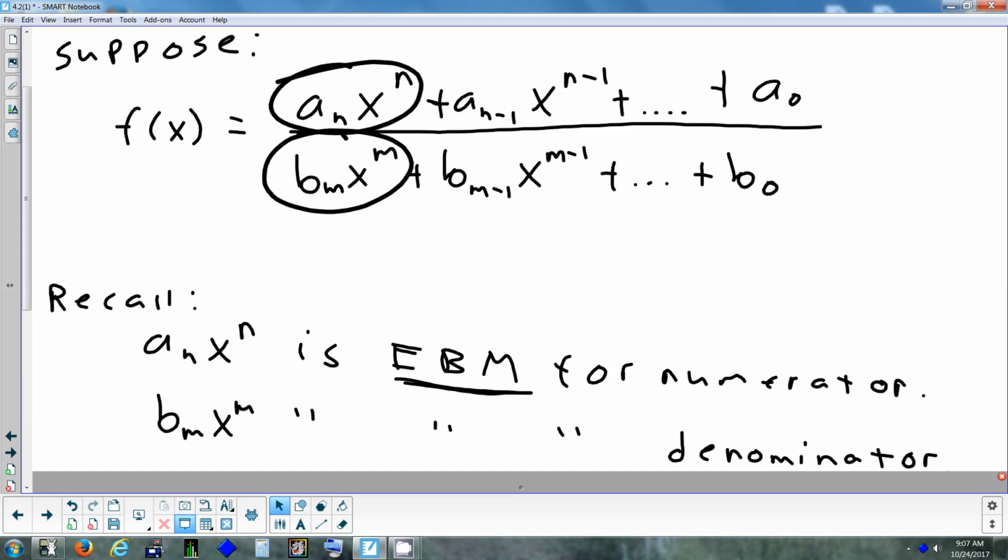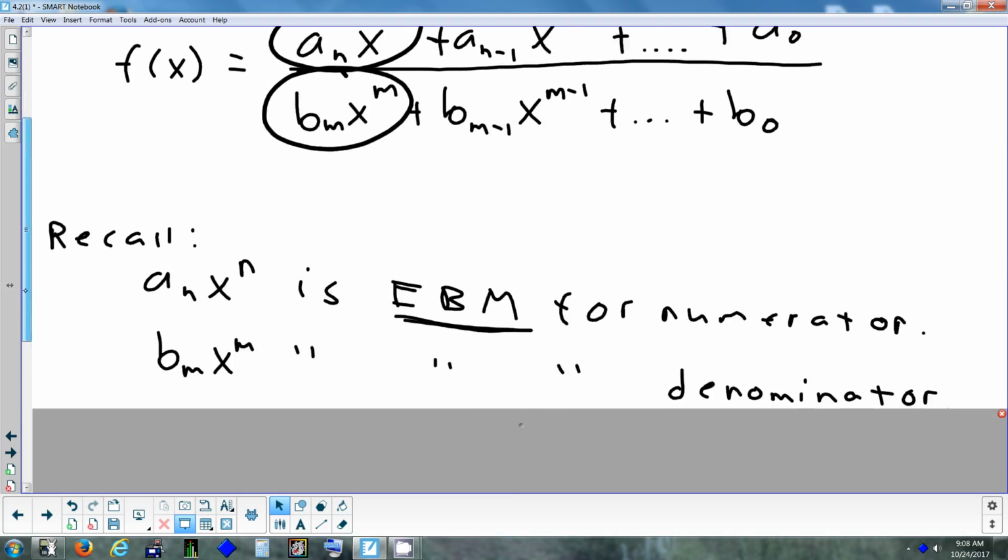So we know what's happening in the top with the end behavior model. We know what's happening in the bottom. But now we want to know what's going to happen with the whole fraction. So what do you think we would do with the two end behavior models? Combine. And how would you combine them? What operation? Division. Yeah, we would divide them.